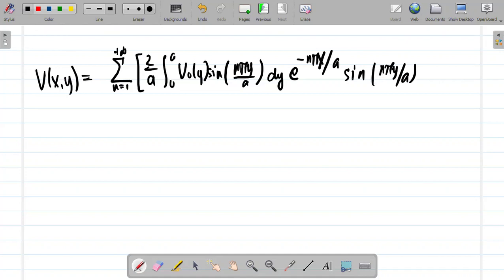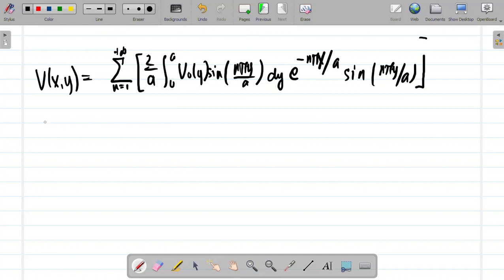Kasi class, ito lang yung Cn. Ay, kulang pa ng bracket. Okay. So now, ito na yung complete solution actually. Pero bakit mukha siyang hindi simplified? Kasi yung problem natin, class, general yung potential dun sa gilid, yung v naught of y.